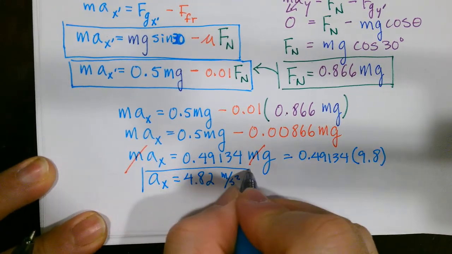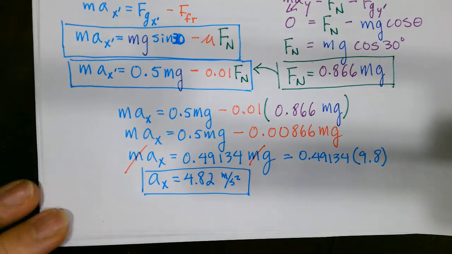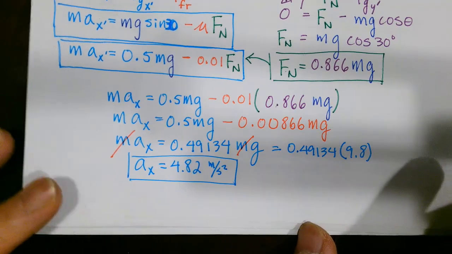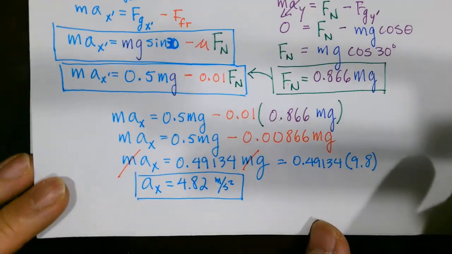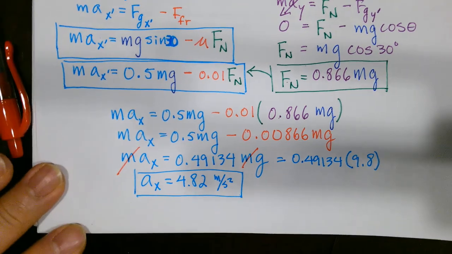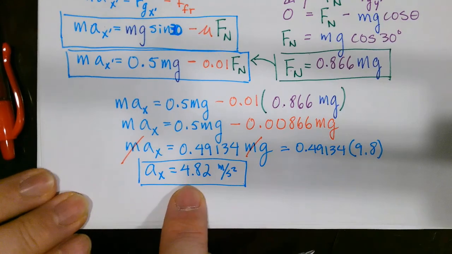Wow. That acceleration is pretty significant, actually. So that was part A. What about part B? Well, for part B, we know the skier is accelerating at this, so I'm going to do part B up here.